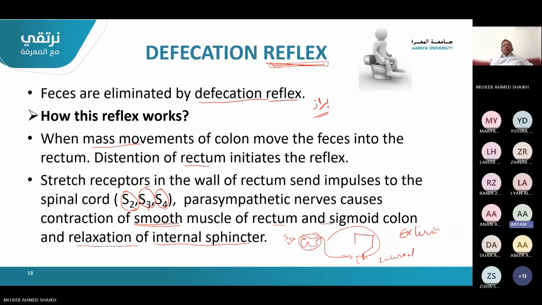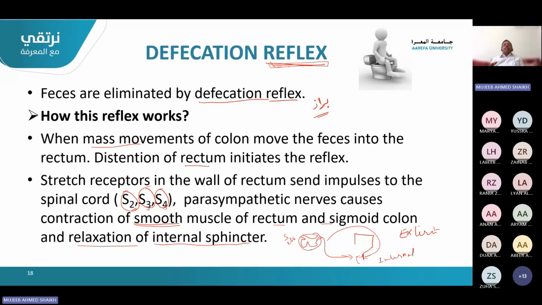When there's a stretch, there will be a reflex, I think so, for the parasympathetic nerve. Yes, but why are we giving it the name reflex? Because it's involuntary. It's like a response to a stimulus. Very good. Involuntary. When I throw something on your face, you will protect your face by moving your head or catching the object. This is reflex mechanism.